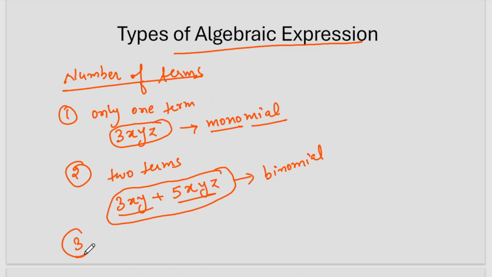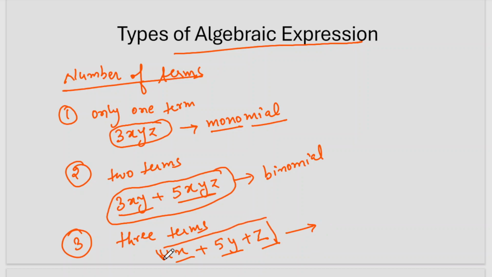In a similar way, if we have three terms, 4x plus 5y plus 7z, that means we have three terms, 1, 2, 3. They are separated by plus. So we can call this a trinomial.